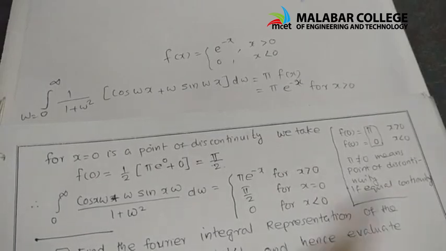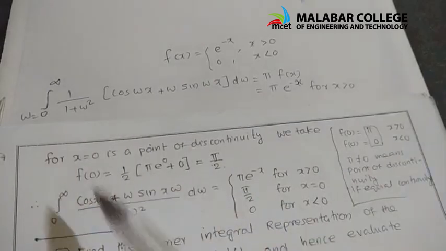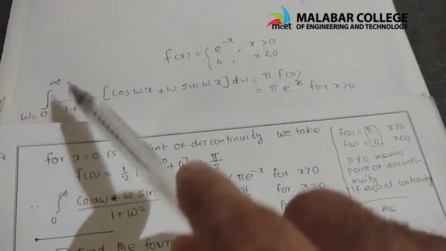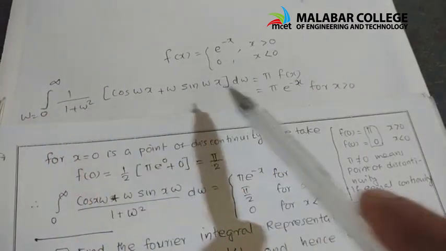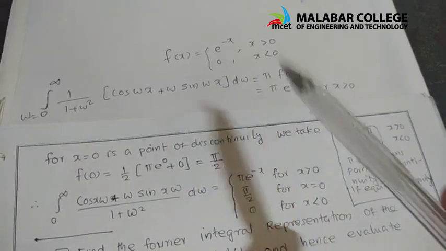So we got the value, integral 0 to infinity 1 by 1 plus omega square etc. equal to pi into f of x, which is pi e raised to minus x.